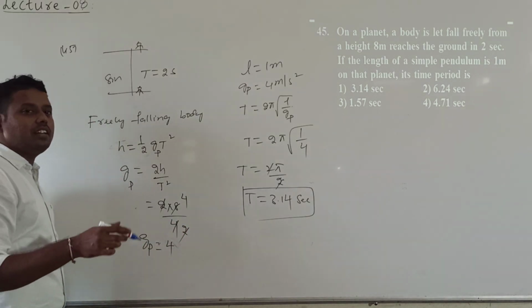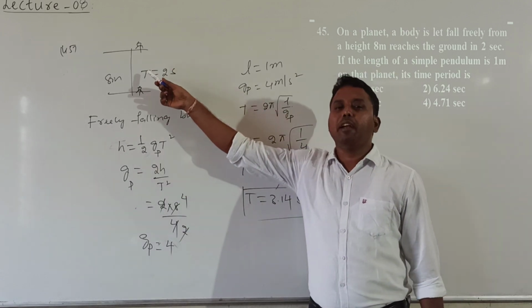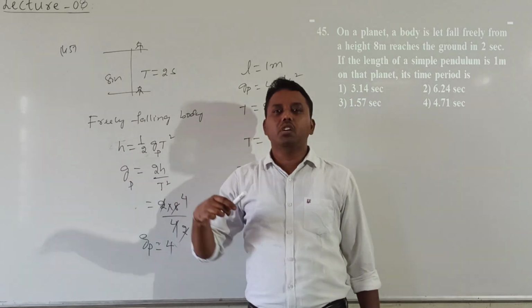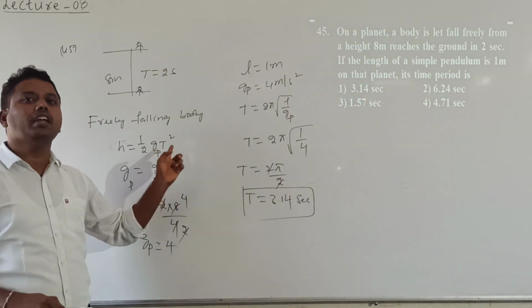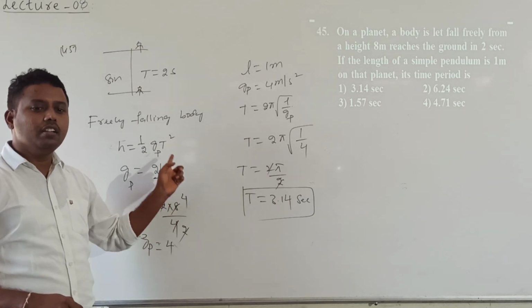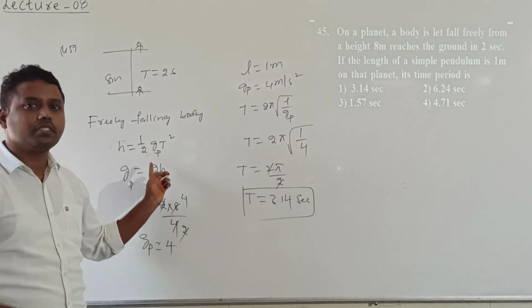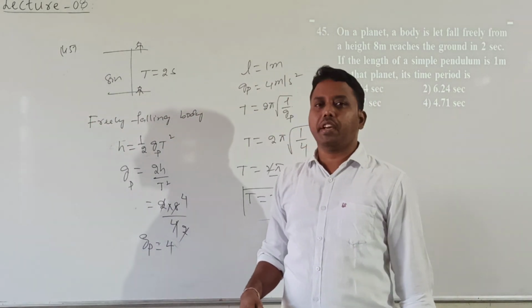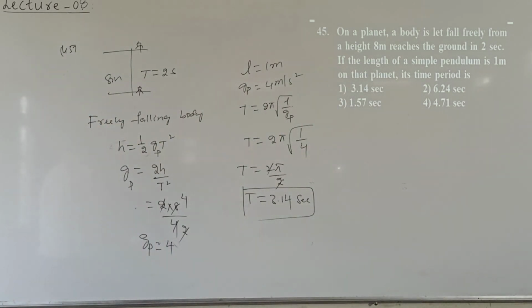Instead of giving acceleration due to gravity directly, they gave the data of the time taken by the body to reach the ground. By knowing the time taken to reach the ground, we can calculate the acceleration due to gravity of that planet. Okay? So this is question number 45.